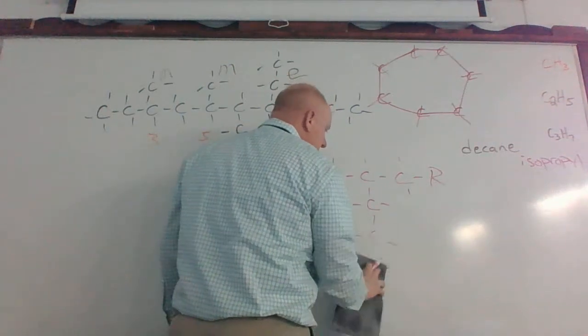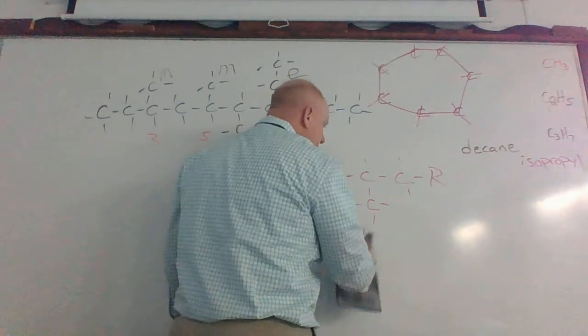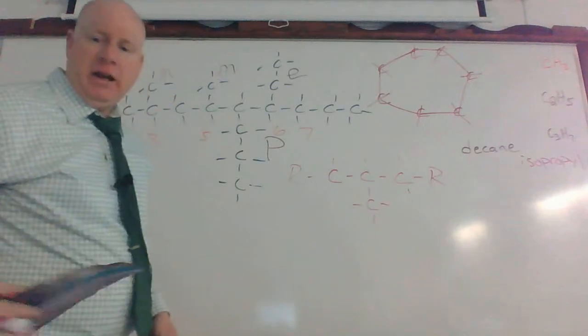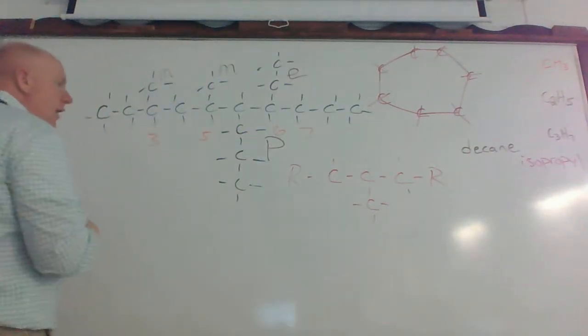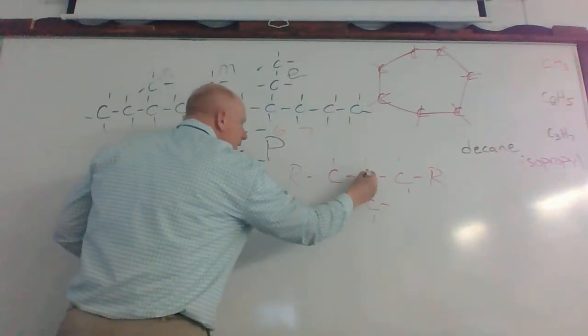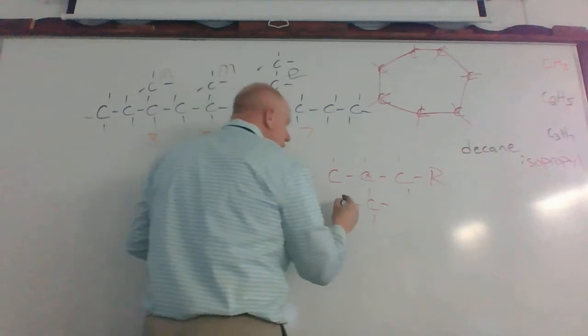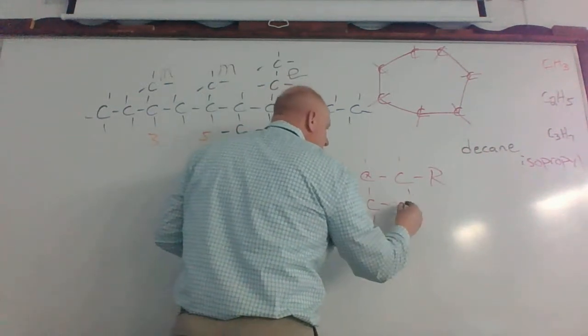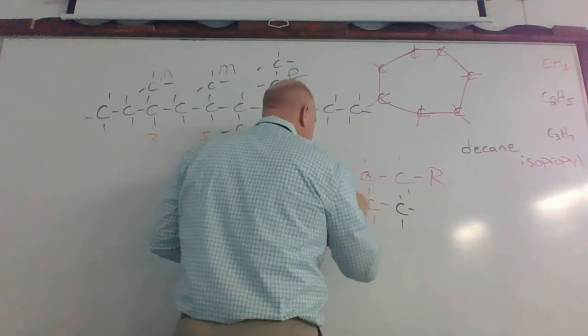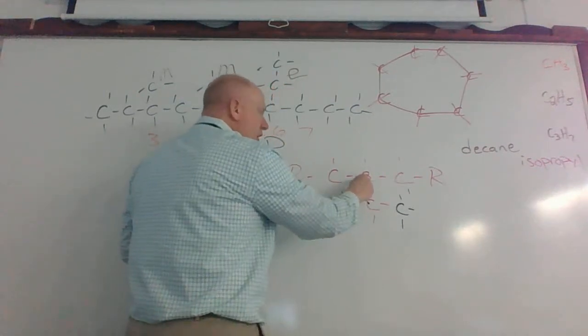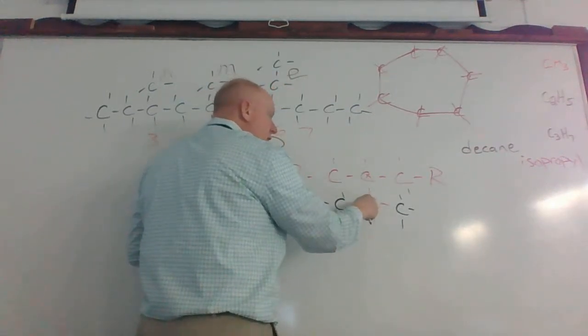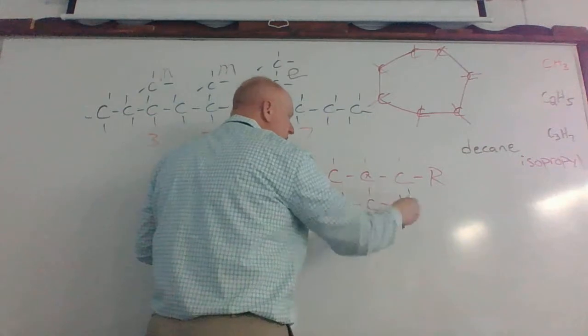What that means is now you've got X marking the spot here, okay? And then it's got a methyl group on both sides of that. The carbon to carbon bond here where it attaches, now there's a methyl group on each side.